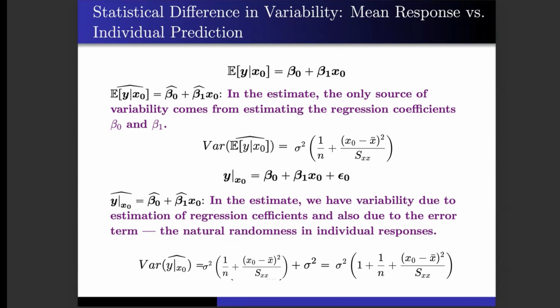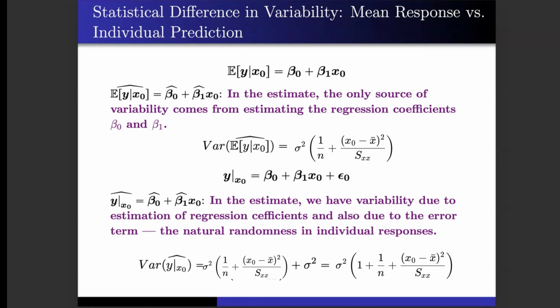And we have proved that yes, it is equal to sigma square times 1 plus 1 divided by n plus x bar minus x naught whole square divided by sxx. And from here, we have that the variance of an individual value of y at some point x naught is greater than the variance of an estimate of the average value of y for some point x naught.